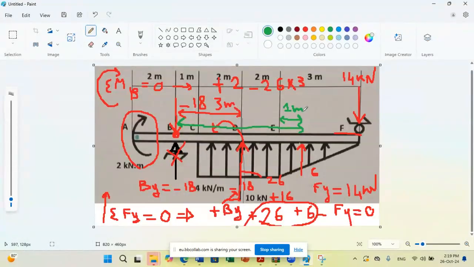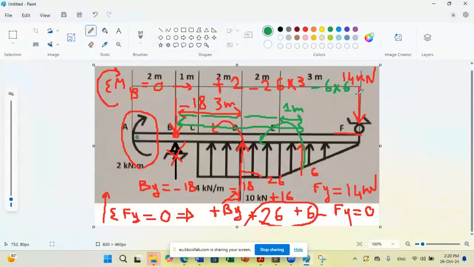So you have here 1, plus 2, 3, plus 2, 5, plus 1, 6. Okay, so in total, this force is at a distance of 6 meters from B, and it's rotating counterclockwise, so minus 6 times 6.